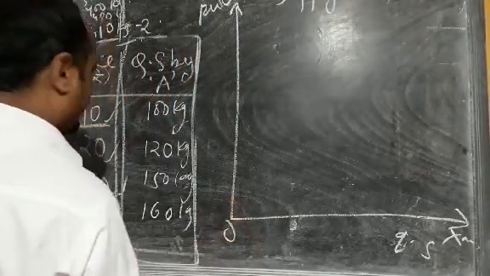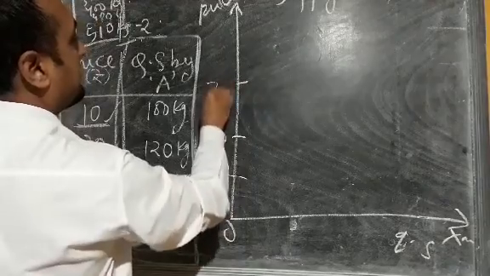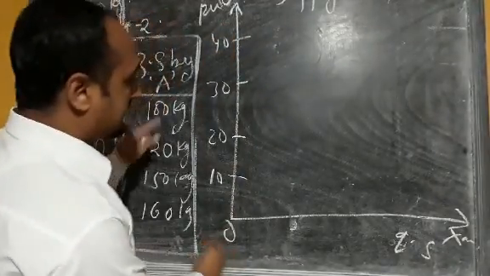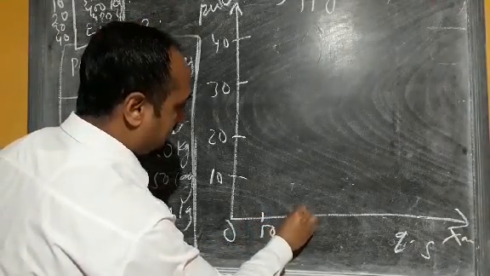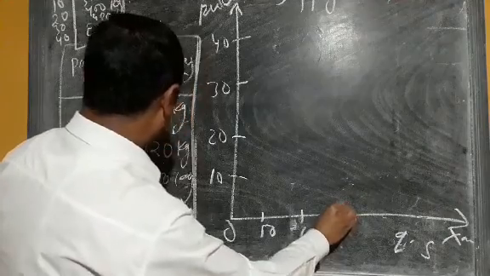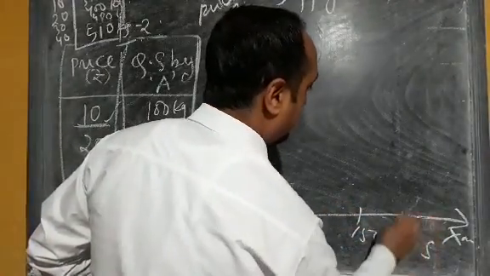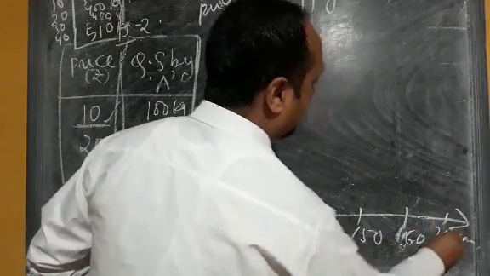So the price we have maximum 40, so let's consider 10, 20, 30, 40. Now for quantity supply, let's consider this one is 50, okay, 100, 150, 160, suppose this is your 200.